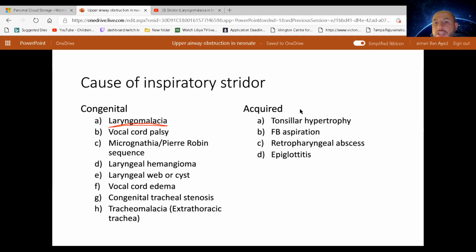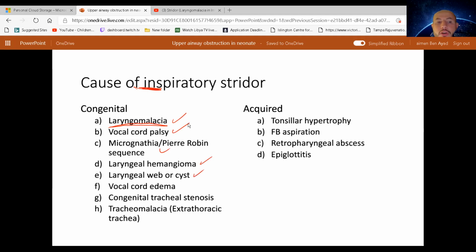You have laryngomalacia, you have vocal cord paralysis. Just think inspiratory, so that means extrathoracic. You have the tongue, as in Pierre Robin syndrome or sequence, where the tongue falls backward and obstructs the airway. You have laryngeal hemangioma, laryngeal web or cyst.